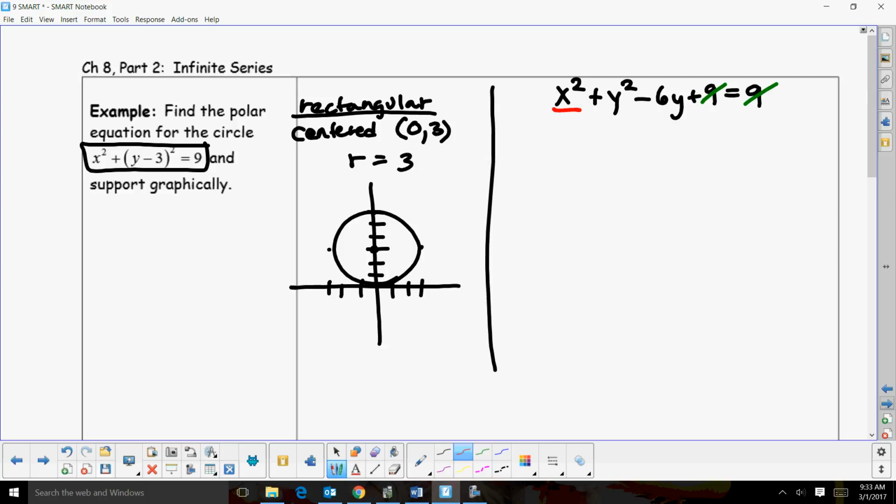What does x squared plus y squared equal? R squared. Minus 6y, which equals r sine theta. So now I'm down to this equation. Agreed?